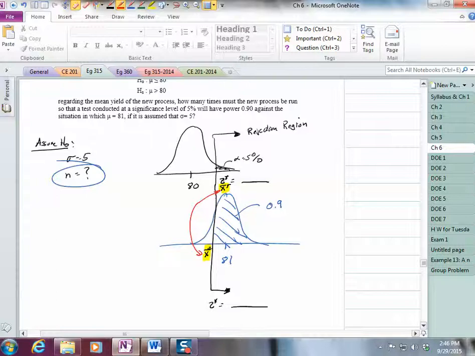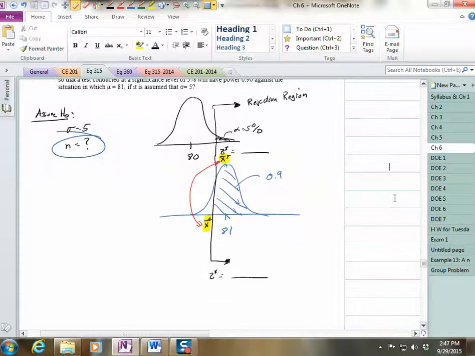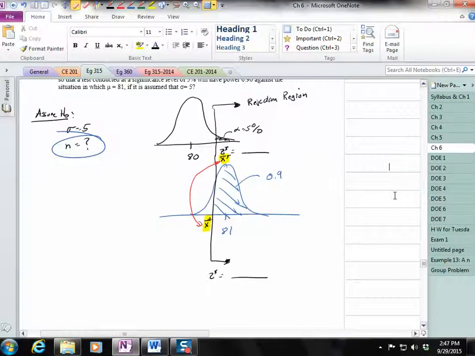So in this situation, we can't just use the top distribution to find x bar star, right? And we can't use the bottom distribution just to find x bar star. So we need to use both distributions at the same time. So why don't you take a minute, work through that, see if you can get that.